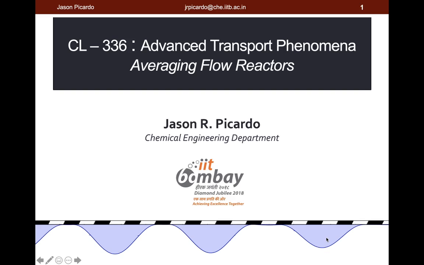We shall see how this procedure of averaging, which we are now familiar with, leads us directly to a corrected model that naturally accounts for the effects of axial dispersion along with other corrections arising from the presence of a reaction. More importantly, we'll see that this model can be used to show that an axial dispersion model is relevant, or we can obtain the model in the form of an axial dispersion model.